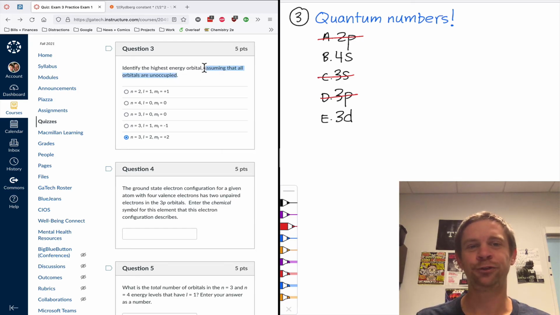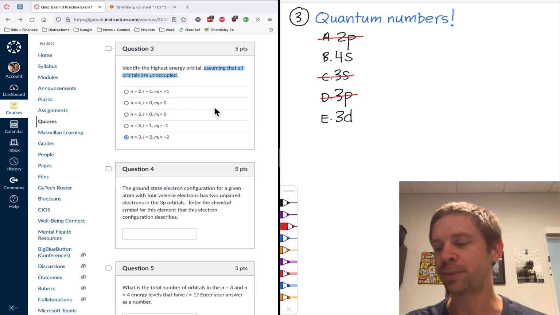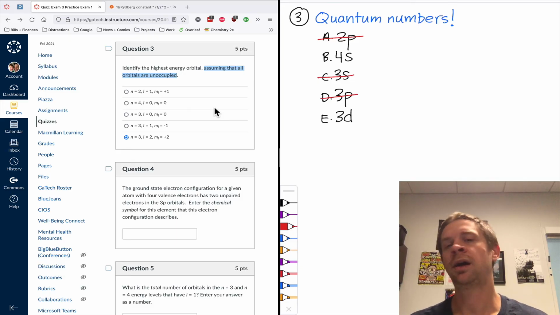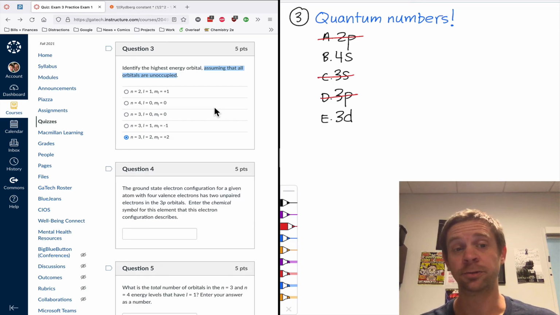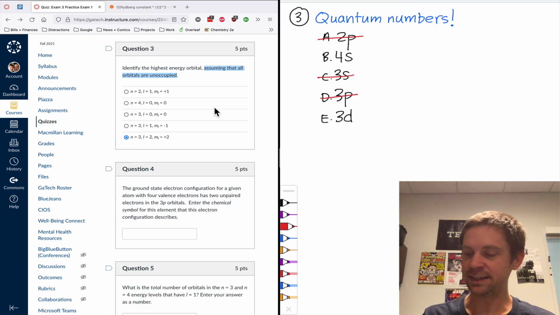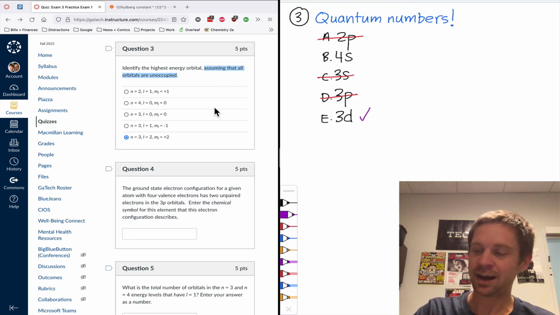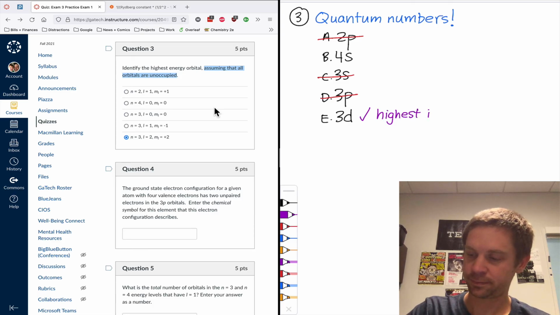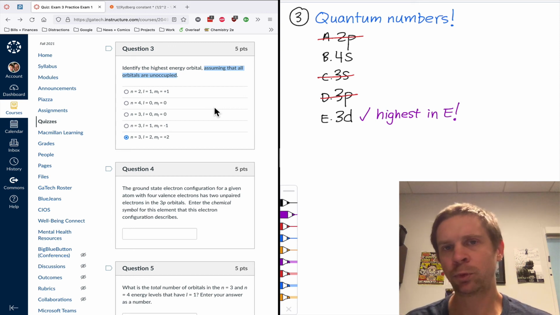And here's where assuming that all orbitals are unoccupied comes into play. When the orbitals are unoccupied and electron-electron repulsion is not an issue, the 3d orbital is actually higher in energy than the 4s orbital. And this, for example, we can surmise from the periodic table, where the 3d subshell is filled after the 4s subshell.